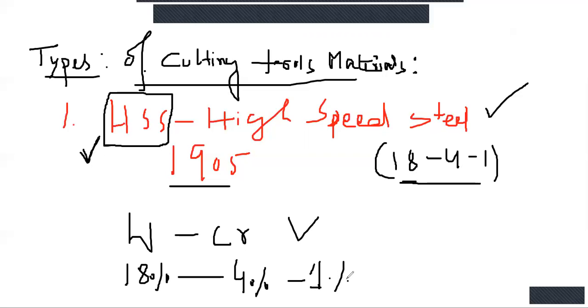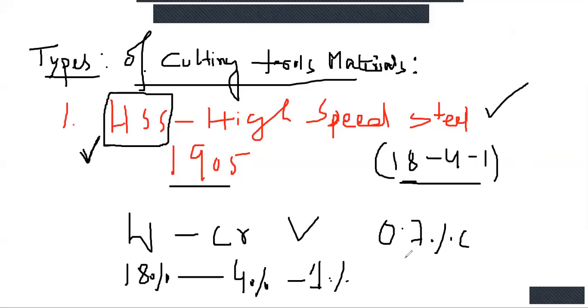And 0.7% is carbon. It is not mentioned in the coding in competitive exams. In coding, 18-4-1 means HSS. That means 18% tungsten, 4% chromium, 1% vanadium.